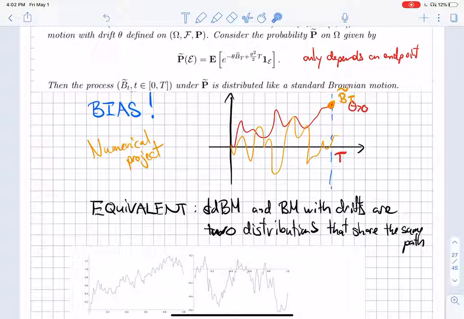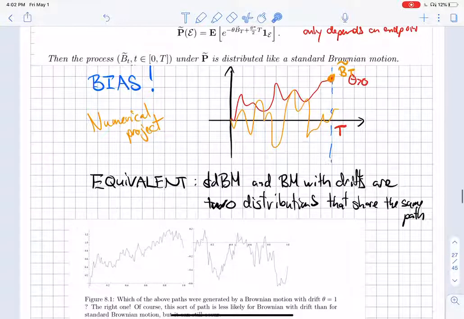But what it means is that Brownian motion with drift and standard Brownian motion are actually defined on the same paths. However, the weights that they give to the different paths are different, okay? And so the two distributions are different. However, they are defined on the same outcomes, if you want, okay?